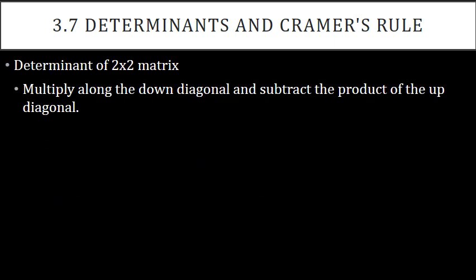So, to find the determinant of a 2 by 2 matrix, multiply along the down diagonal and subtract the product of the up diagonal. For example, multiply the downward diagonal minus the upward diagonal. So it'll be 2 times 4 minus the upward diagonal, 3 times -1.